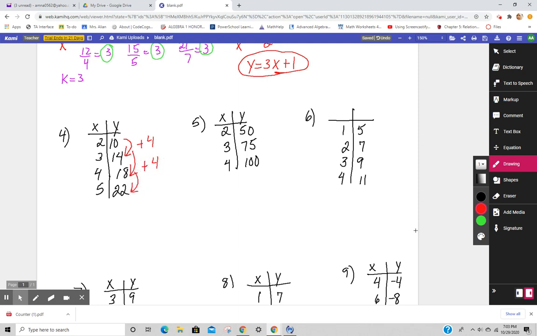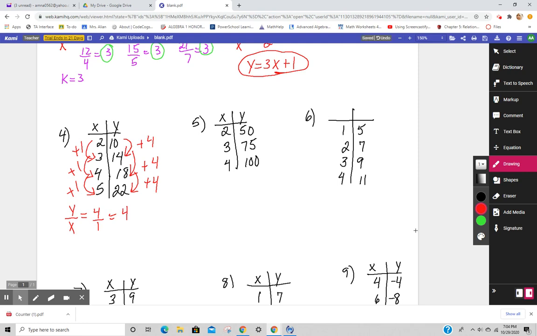And from 18 to 22, you add 4. And see how the x's are changing. Add 1, add 1, add 1. So change in y over change in x is going to give us our constant rate. So 4 divided by 1 gives us a constant rate of 4.